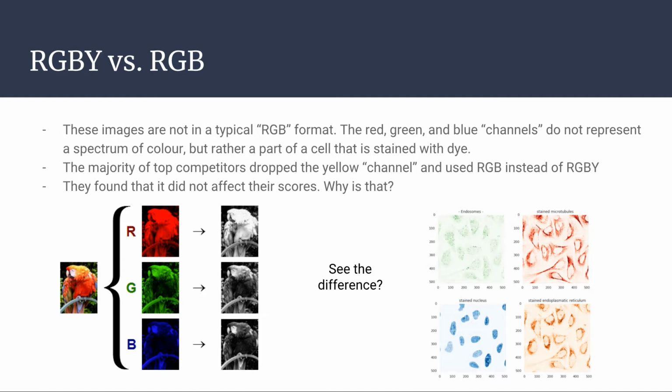So anyway, the images that were presented as part of this competition actually used 4 of these dyes. They used a green one, which was attached to the protein that they were interested in locating, essentially.